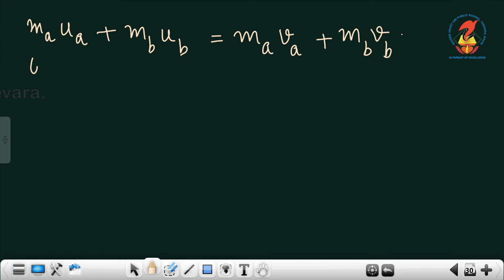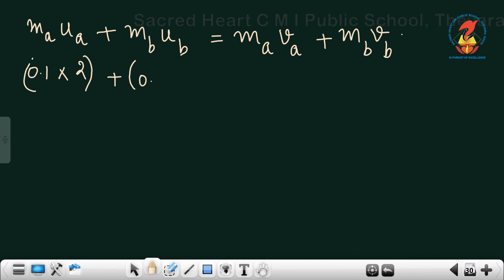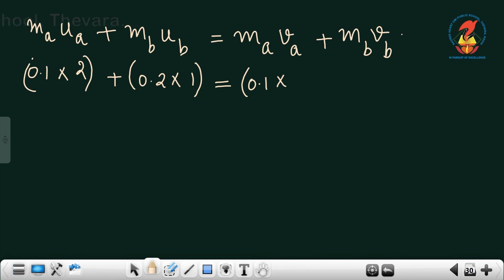So MA is 0.1 into UA, which is 2, plus mass of the second object is 0.2 and it is moving with a velocity 1 meter per second. So 0.2 into 1 is equal to mass of the first object 0.1. After collision, the first object moved with a velocity 1.67 meter per second. So VA is 1.67.